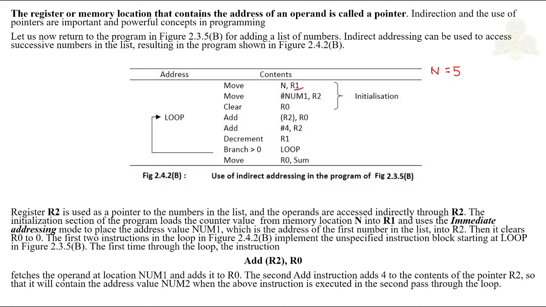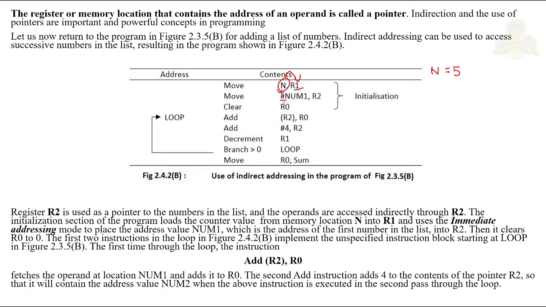Now what happens? First the contents of n will be moved to R1. Next we will move #num1 comma R2. Now what happens here is the program loads the counter value. First we understood this one, right? N to R1. Now hash represents the immediate addressing mode.